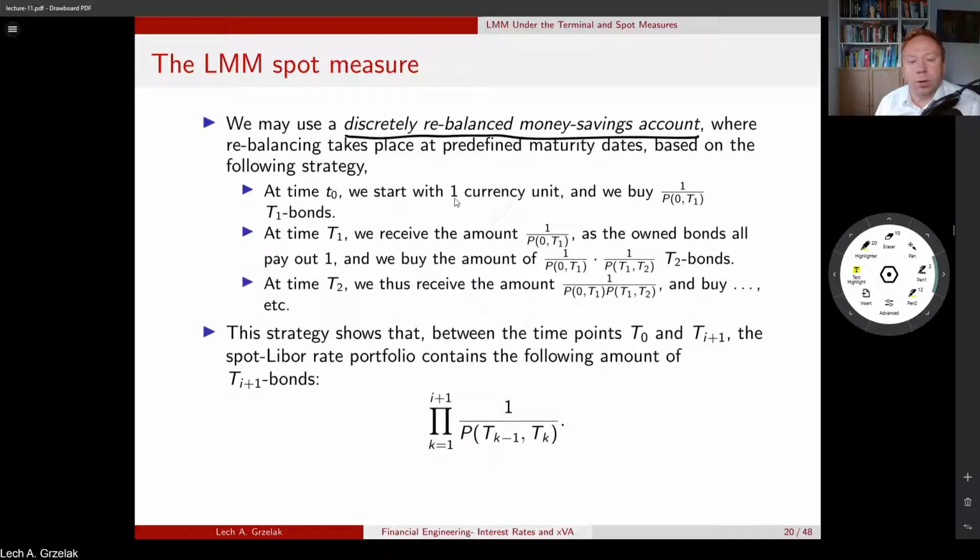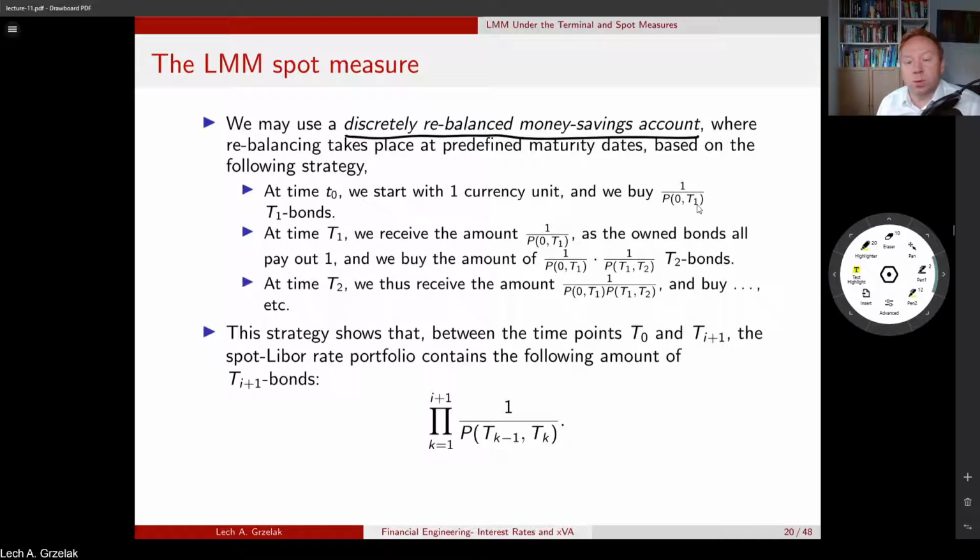So we have one unit of currency, then we can buy 1 over P(0,T1). Of course we know that this P(0,T1) is smaller than 1. This means if we invest 1 unit, it is 1 over that amount, and that will be the number of units of T1 bonds that we can buy. You can think of it as the amount of zero coupon bonds that we can buy for €1, or for 1 unit of currency.